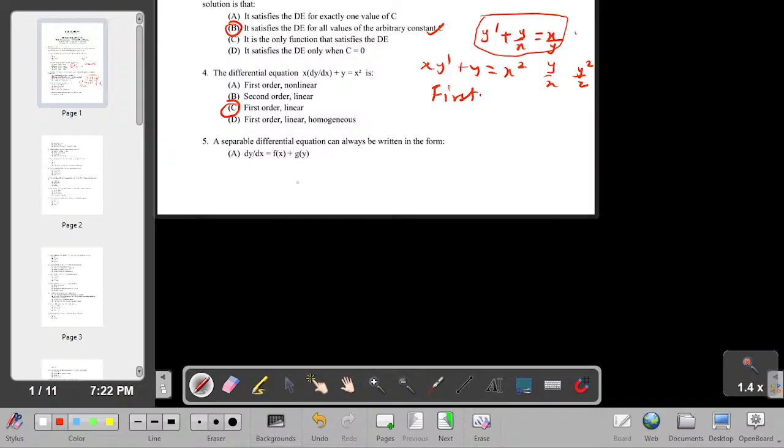Are you sure? Please, one characteristic of a separable differential equation is that the two functions are separated by either division or multiplication. When you see addition and subtraction, it doesn't make it separable.